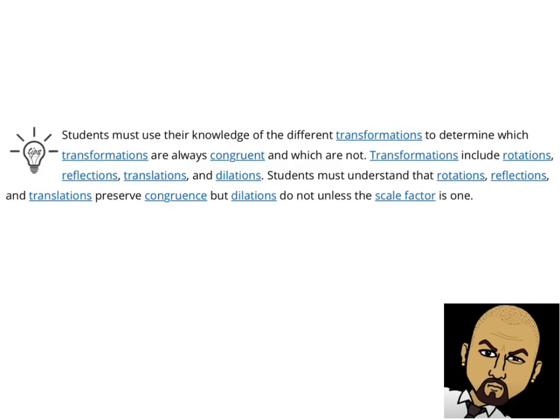Now, in review, we're going to talk about transformations. We've got rigid transformations, which are congruent transformations: rotations, reflections, translations, and those are the ones we're going to do. And then the non-rigid transformations are going to be the dilations. We're going to take care of that in future videos. Dilations, though, can be a rigid transformation if the scale factor is 1.